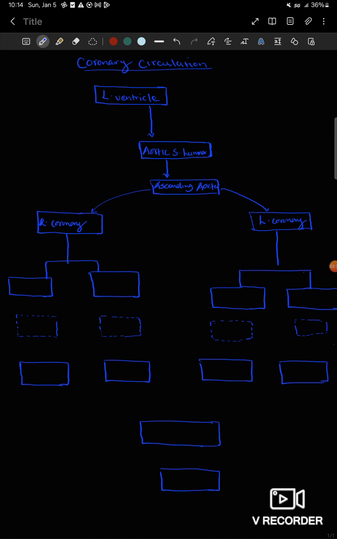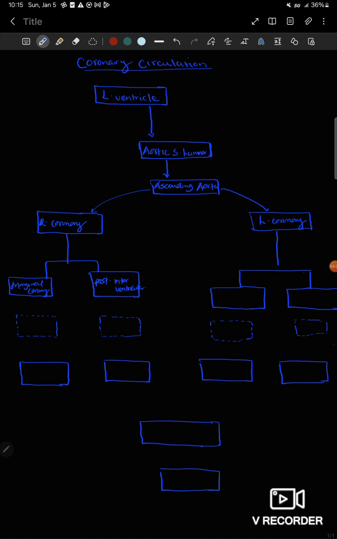Now the right coronary artery subdivides into more coronary arteries. It's divided into what we call the marginal coronary artery, and the other one is the posterior interventricular coronary artery.